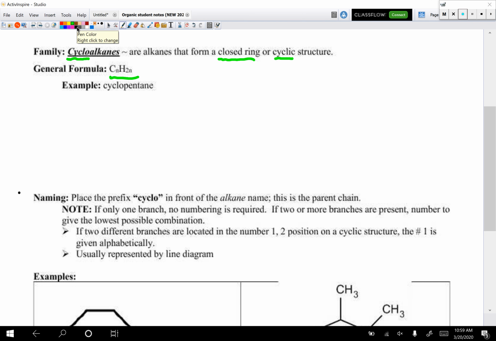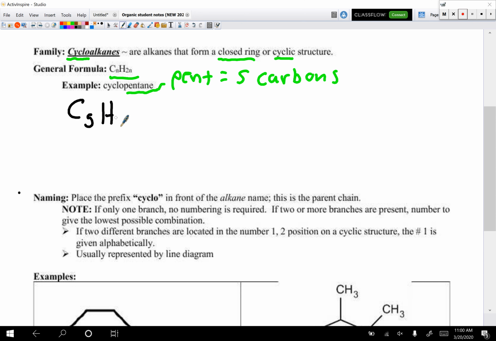So if we have something like cyclopentane, where pent is equal to 5 carbons, the formula is C5H2 times 5, or C5H10.